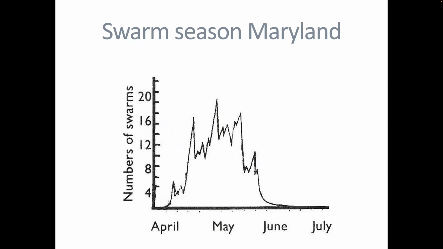You see, we got 1920 swarms at a peak in May in Maryland. But they started out sometime in April and lasted until sometime in June. And then there could be a fall swarming season, which can be August, September, even October. I don't know about you. What do you want to do with a swarm that comes out in October? There's not a lot left for them to do in terms of beekeeping.